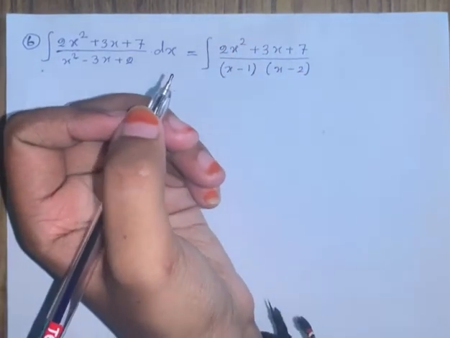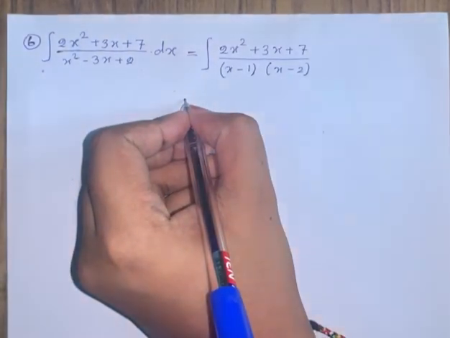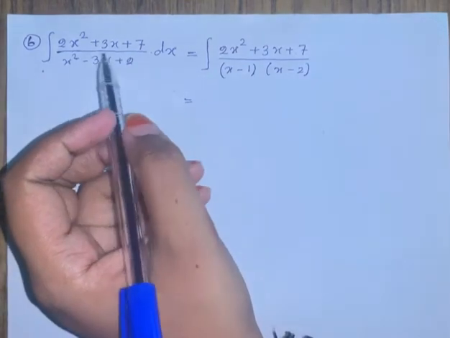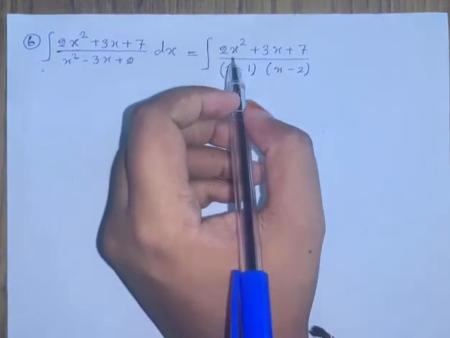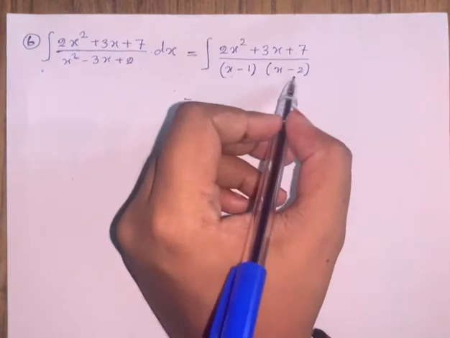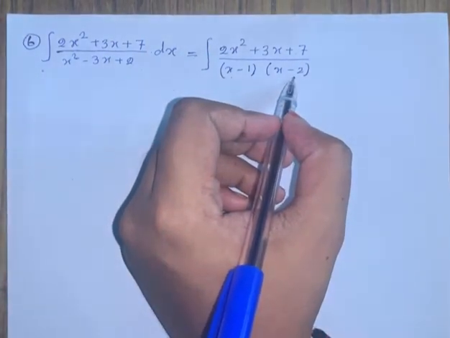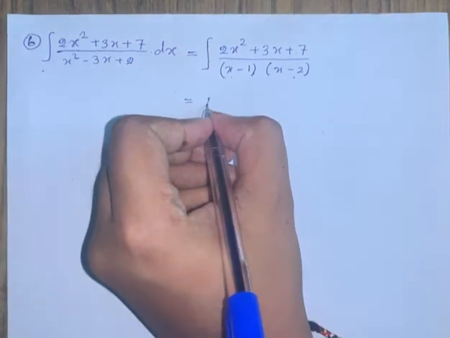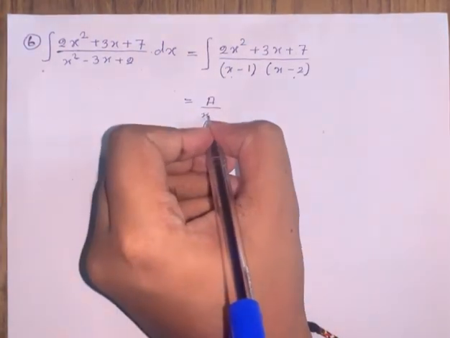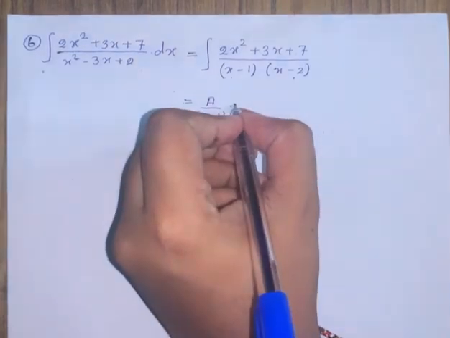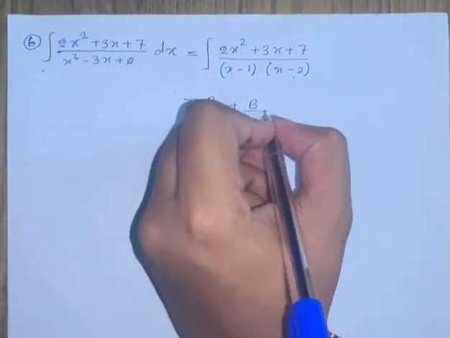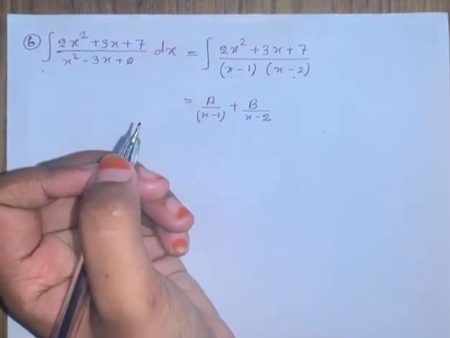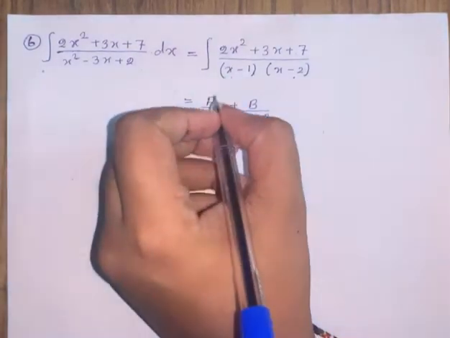So if we write them, here we can put A over x minus 1 plus B over x minus 2, but there is an x squared in the LHS.